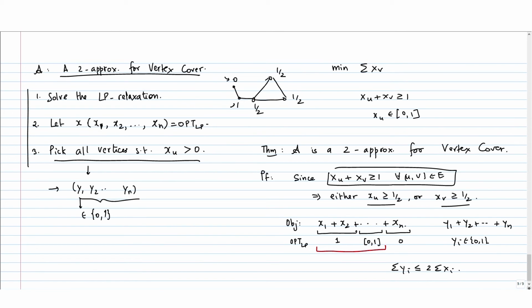Okay. So, let me modify this. Sorry, I made a mistake. So I pick each vertex where xu is at least half. So I wanted to show something else. Okay. So pick each vertex whose value is at least half. Then either xu is at least half or xv is at least half.